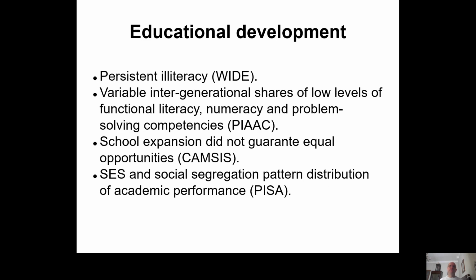Let me very briefly remind you of the main dimensions of educational development, or education as a dimension of human development. One of them is literacy. To what extent are we able to conduct the basic operations or to use language and abstract languages for our everyday life?